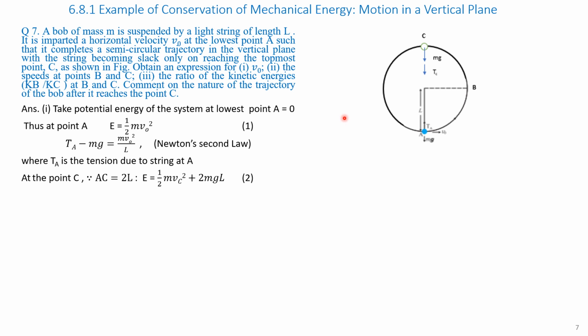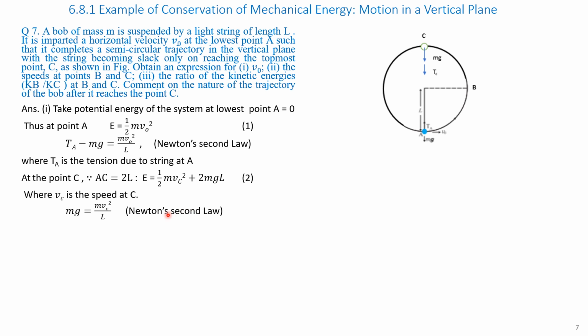Similarly, at point C, we get E is equal to half m vc square plus 2 mgL, where Vc is the velocity at point C. That is the speed at point C, speed because we are considering only one dimension.